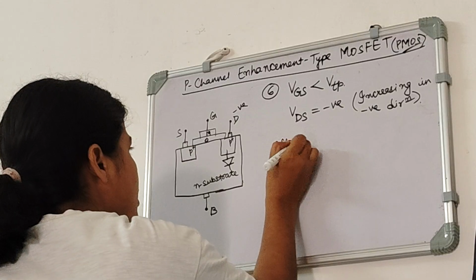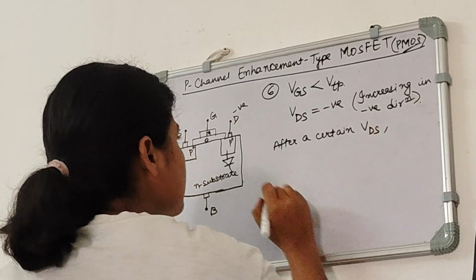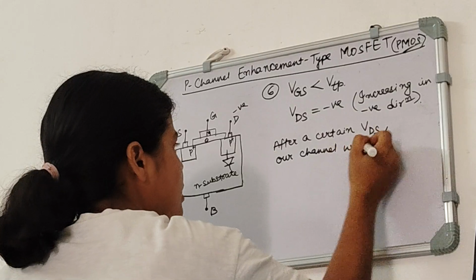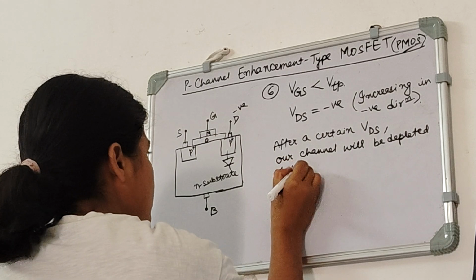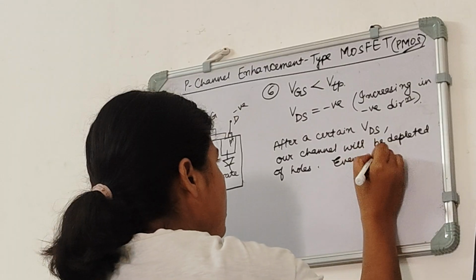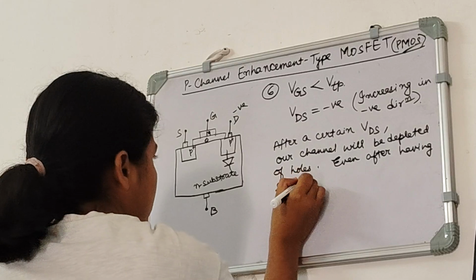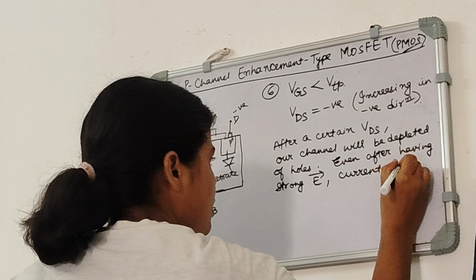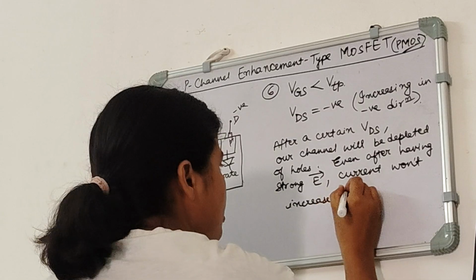After a certain VDS, our channel will be depleted of holes even after having a strong electric field. Current won't increase, it will saturate.